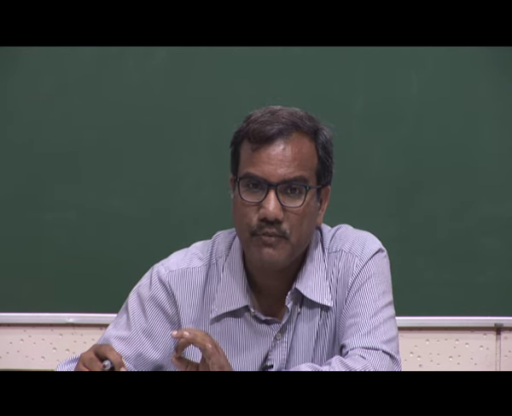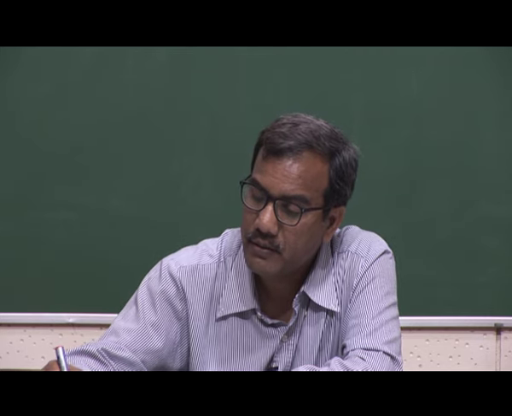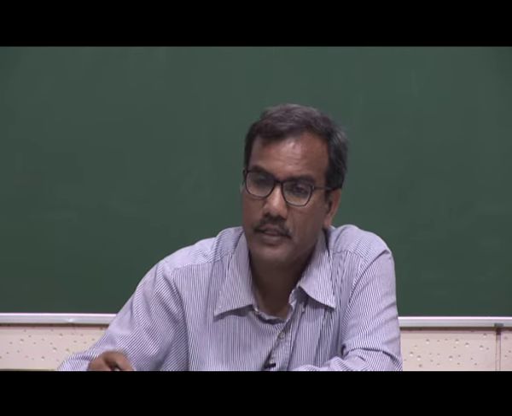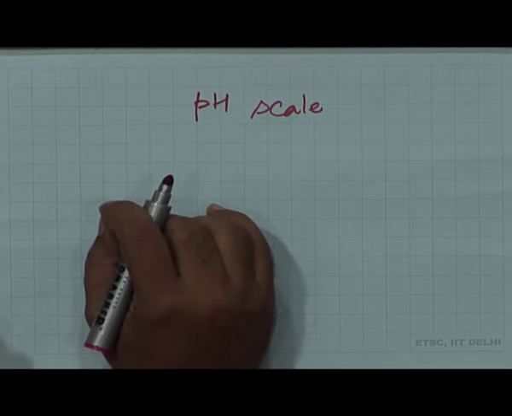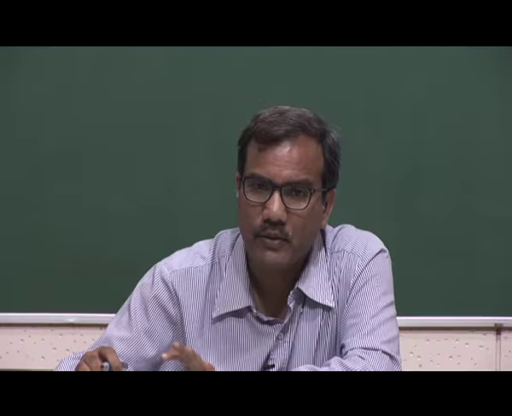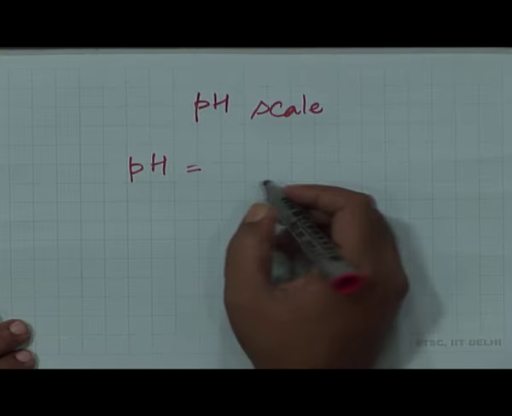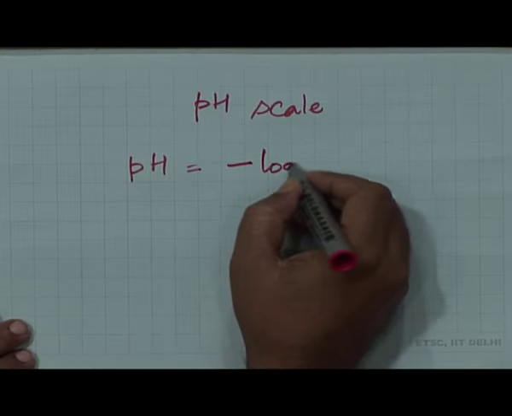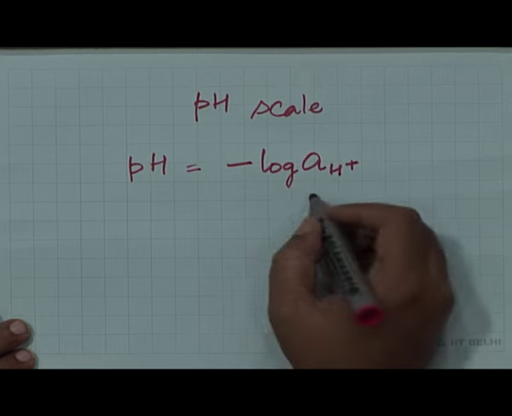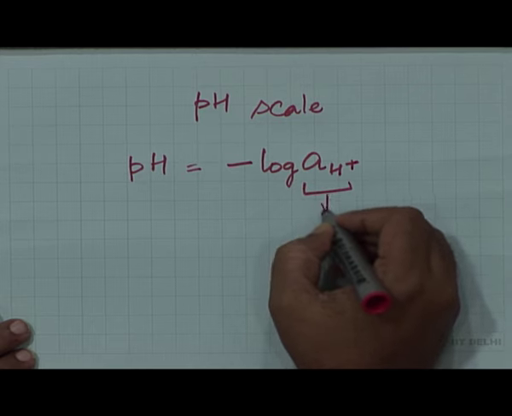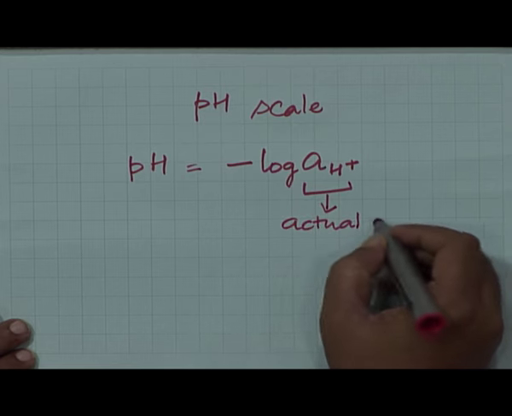The scale which we use is called the pH scale. The scale which we use to quantify acidity and basicity is called the pH scale, and pH is defined as minus log activity of H plus ion. Activity is your actual, real concentration of H plus ion.